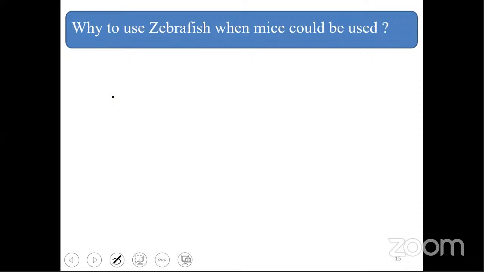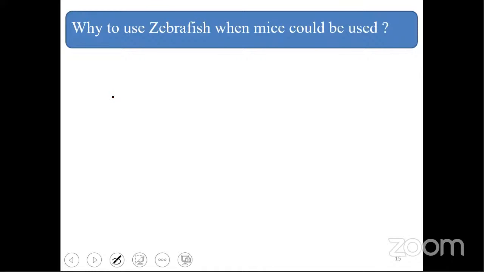Why use the zebrafish when there is already a species called mice, which is used for many clinical and preclinical trials? Especially for basic preclinical trials, we use mice as well as rats.